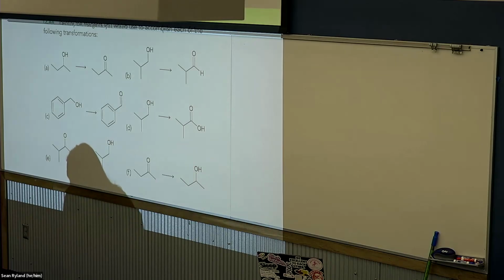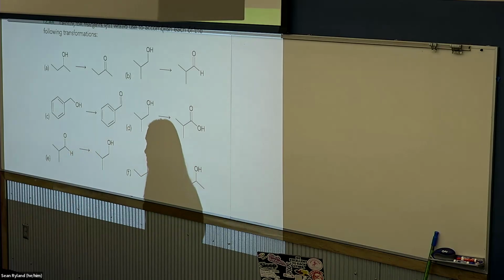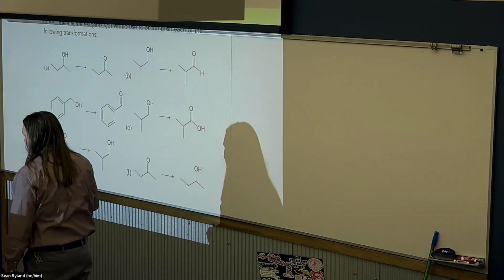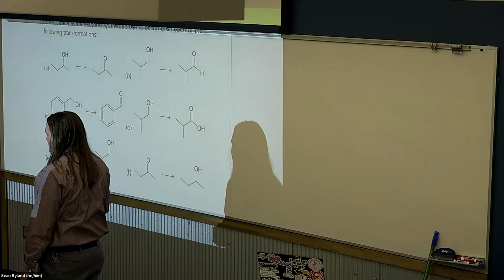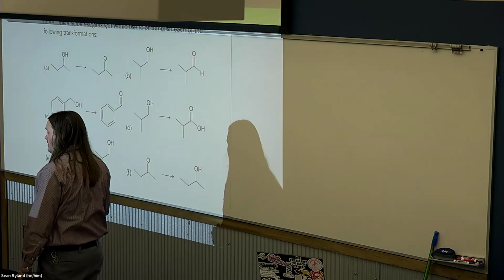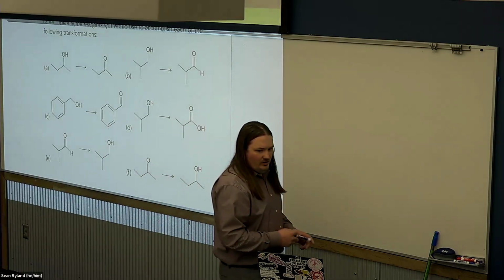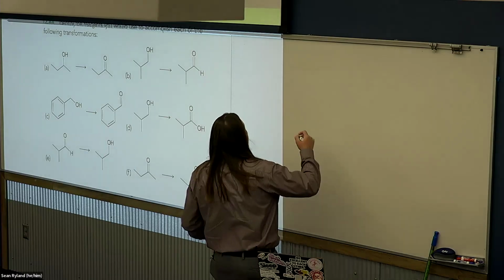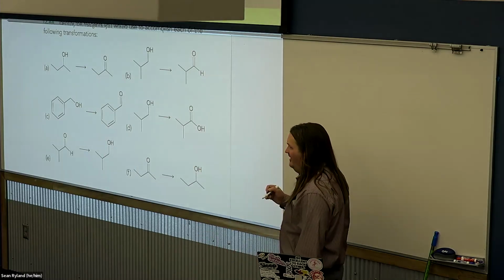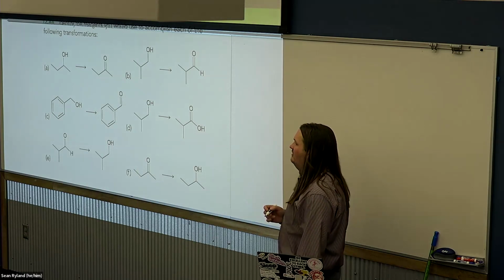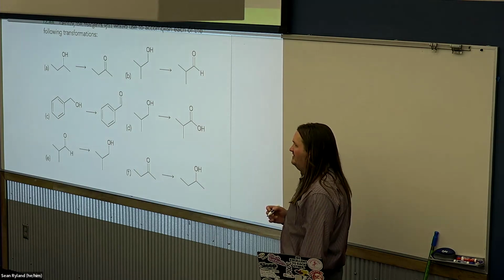Oh, so that one is less commonly used, because we have to get it up to like 300 atmospheres and really high temperature to get it to react. So it'll work. But the 4 that we talked about were the Dess-Martin periodinane, the DMP, the PCC.